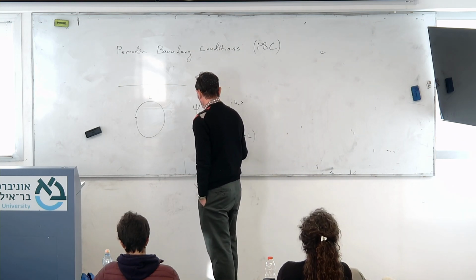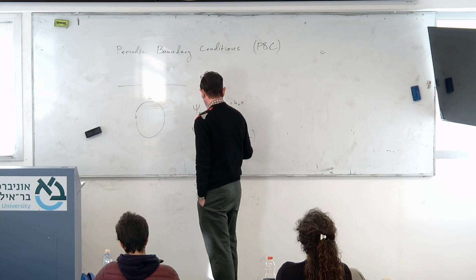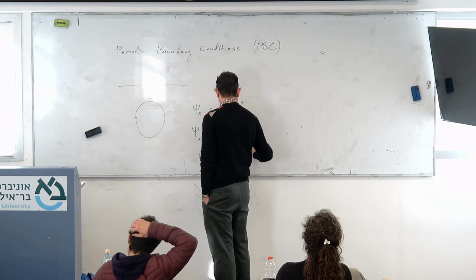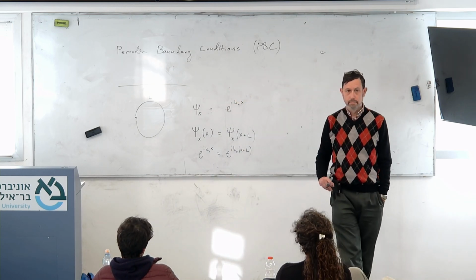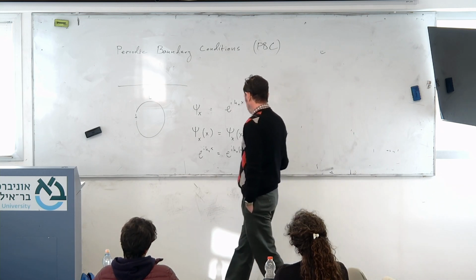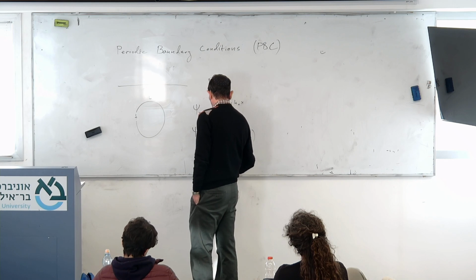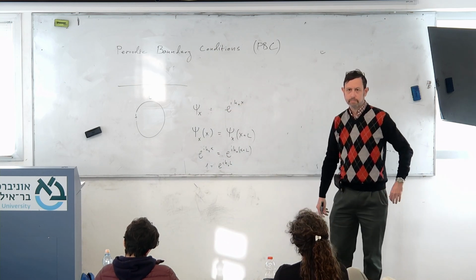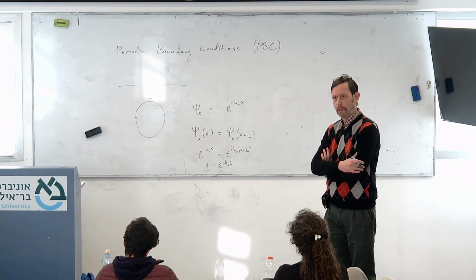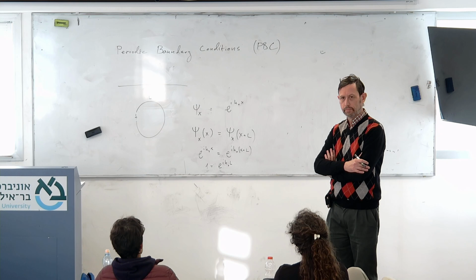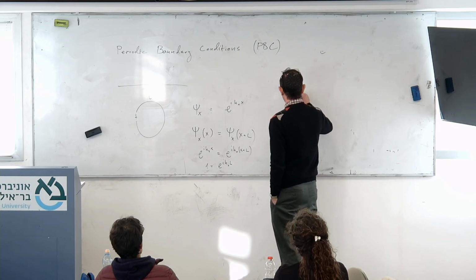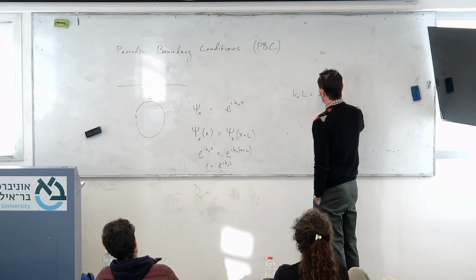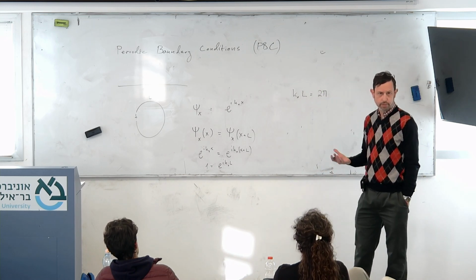So when is this condition fulfilled? When kL equals n times 2 pi, or any multiple of 2 pi.